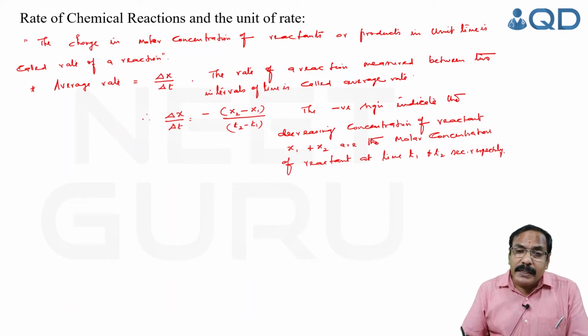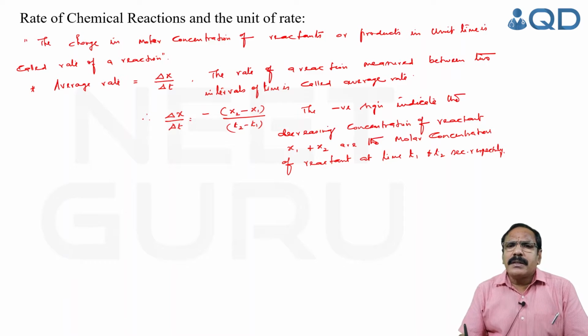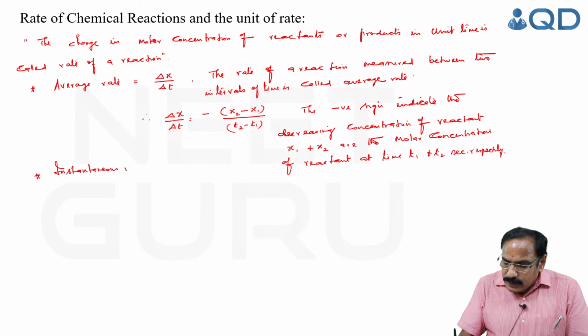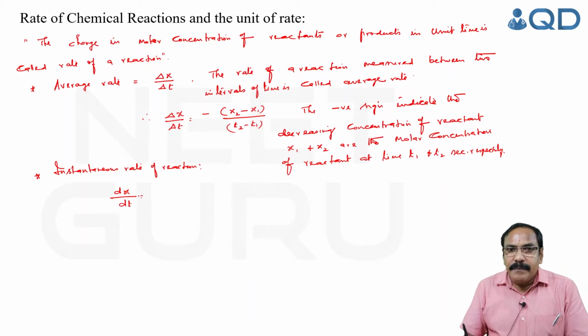As far as chemical kinetics is concerned, we are interested to know the instantaneous rate. It is the rate of a reaction at a small interval of time, dt. It is called the differential rate. Instantaneous rate of reaction is expressed as dx by dt.